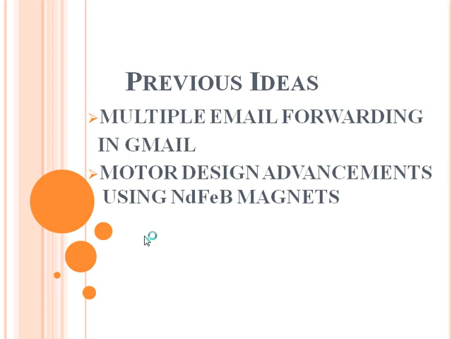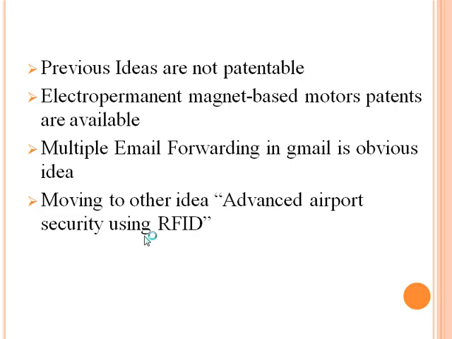Hi, good afternoon. Last week I presented some of my ideas: multiple email forwarding in Gmail and motor design advancement using neodymium iron magnets. I did a lot of patent search for these two, and for electropermanent magnet based motors, a lot of patents are available in Google patents.